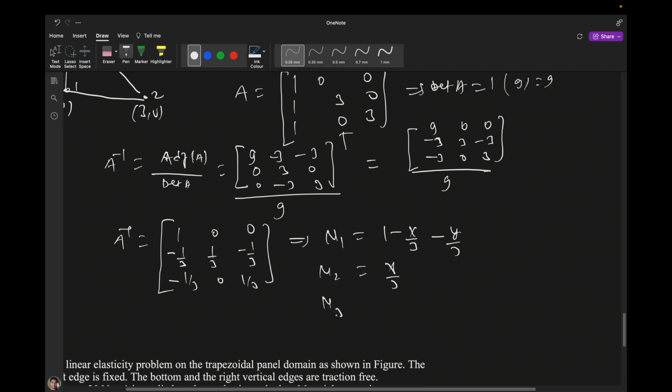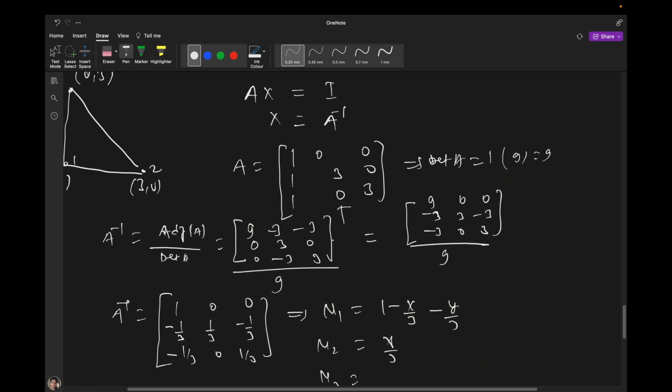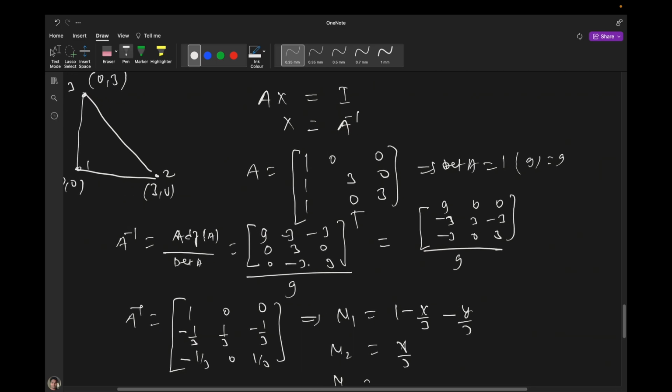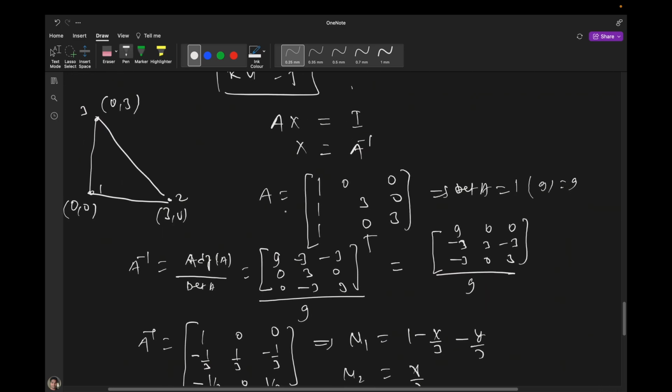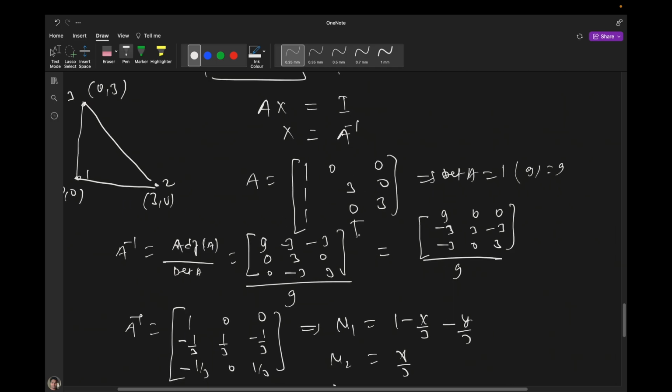And what will be n3? n3 will be, so this should be, I think, wait, maybe I am making a mistake here. 0 3 0, okay, 0 3, that will be 9 minus 3. Okay, it should be 0 here.